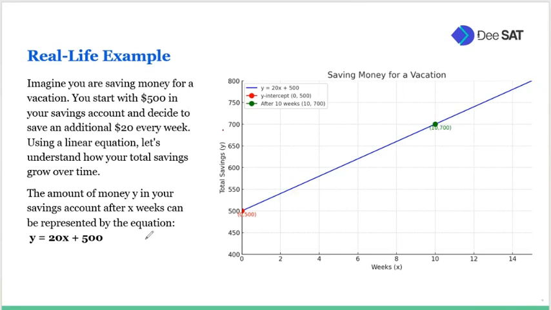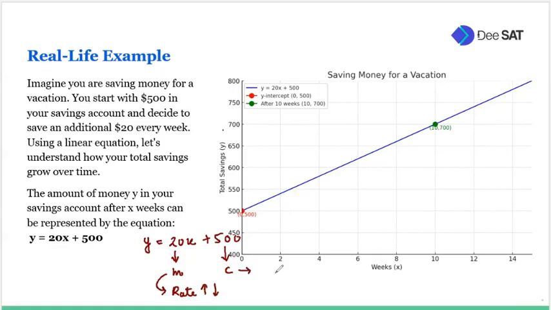Now you can understand that Y equals 20X plus 500 tells me a lot of things. When I say 20, it is more or less the slope, and 500 is more or less the y-intercept. Slope is always telling me about the rate at which things are either increasing or decreasing.